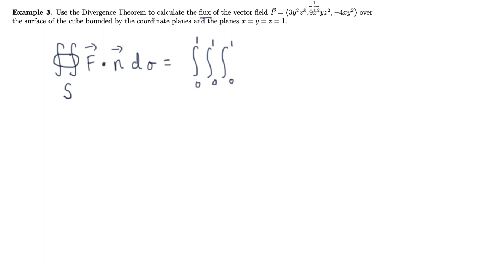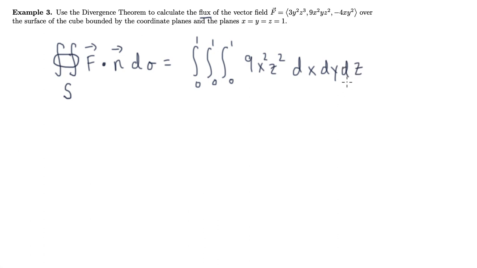I take the partial of this with respect to y, which is 9x squared z squared. And I take the partial with respect to z and add that, but that's also 0. So this is just dx, dy, dz. And look at that. This is amazing.